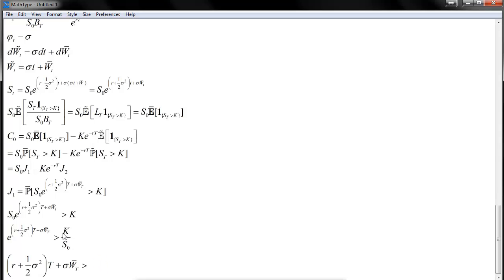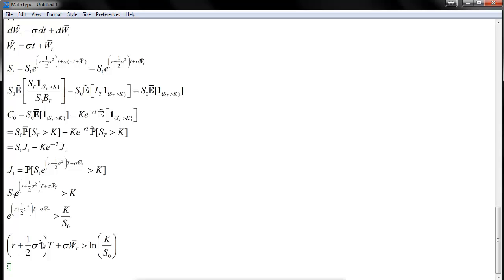greater than the logarithm of K over S0. Now I clean the left hand side, I only keep this term there.